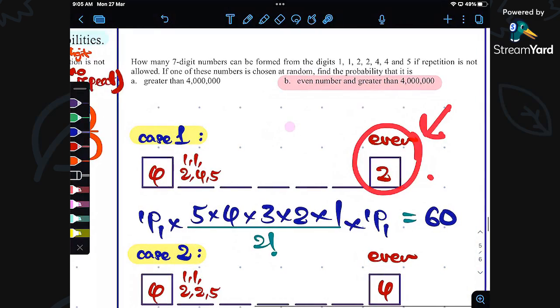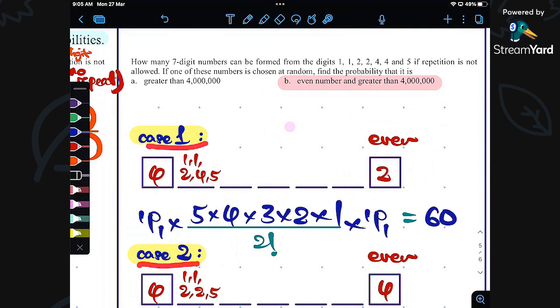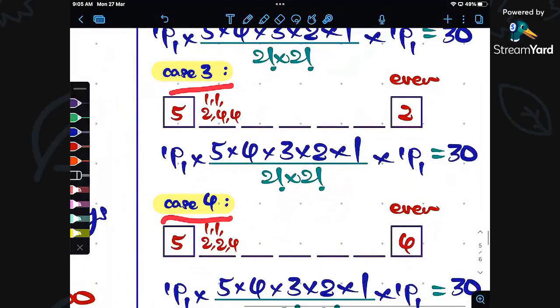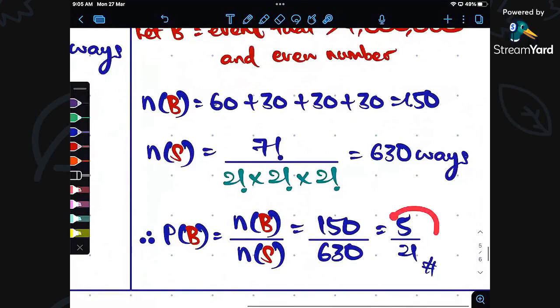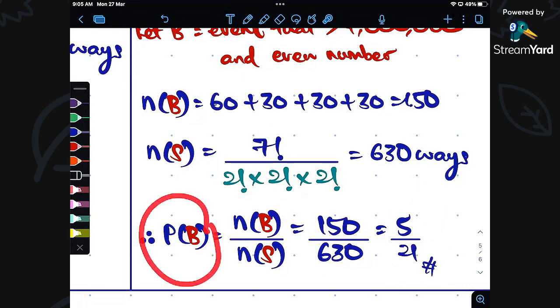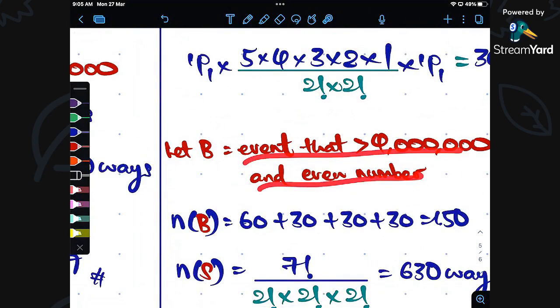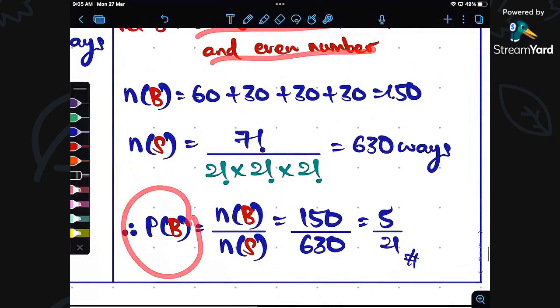Okay, so I give you another hint where there are not only 2 cases, there are actually 4 cases. So try it yourself and test yourself whether you got 5 out of 21 probability of event B. Good luck. I wish you all the best.